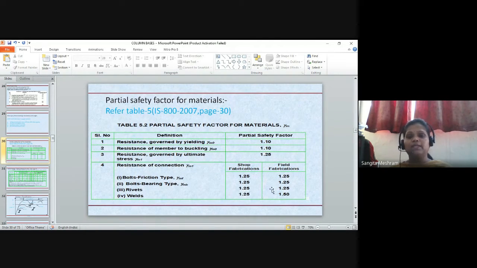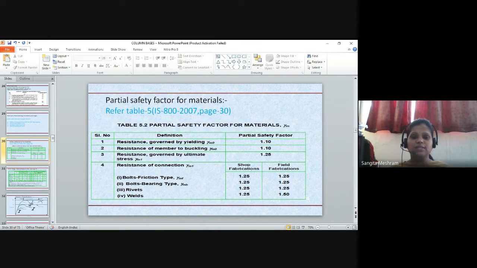In the case of field fabrication, all values are the same, just different for the welding case. If it is shop welding, I will use 1.25, and if it is field welding, where we weld the member at the site, then we have to consider the partial safety factor gamma M1 as 1.5 according to this table, which is already given in IS 800:2007.